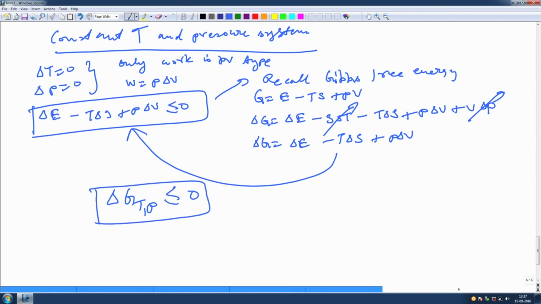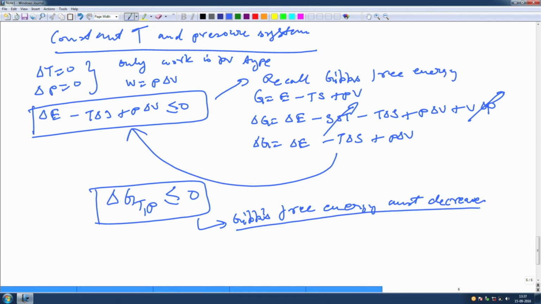So, the same statement holds that the Gibbs free energy must decrease, like the Helmholtz free energy, for a constant temperature and pressure system.